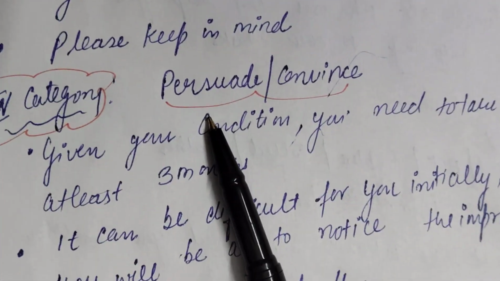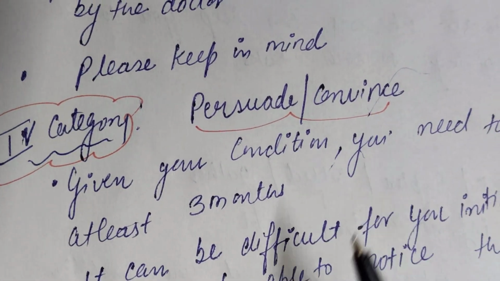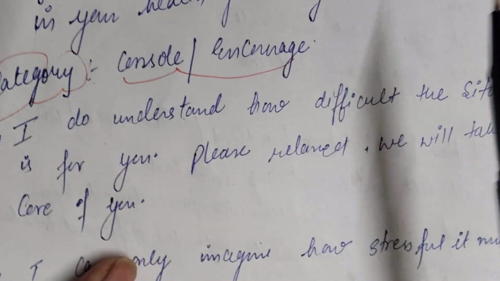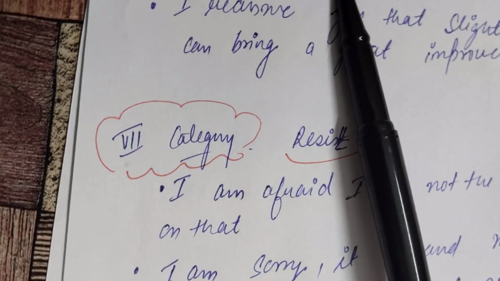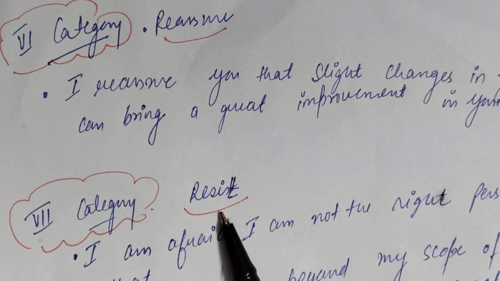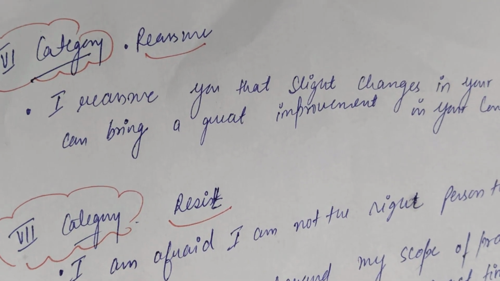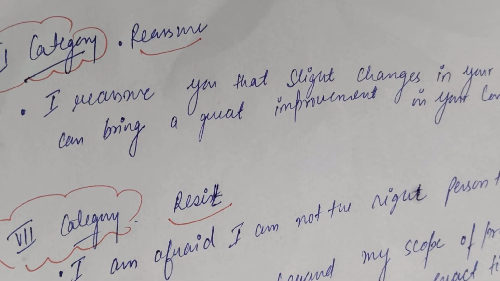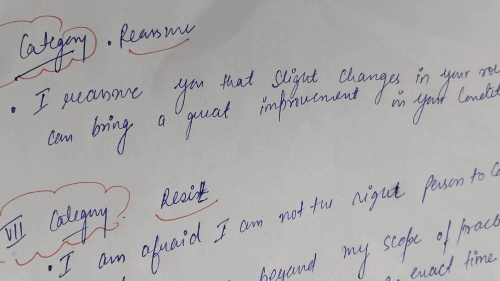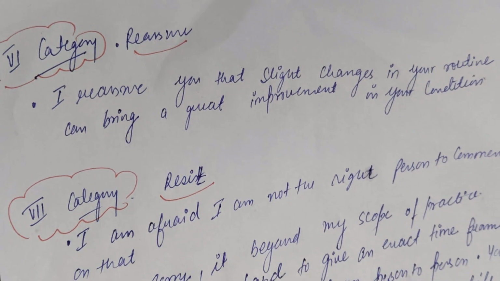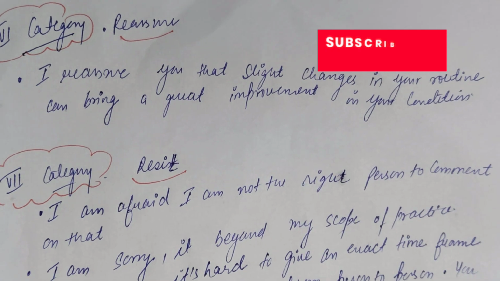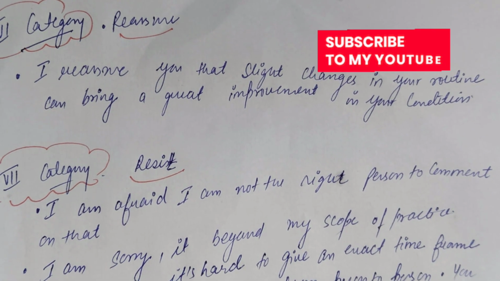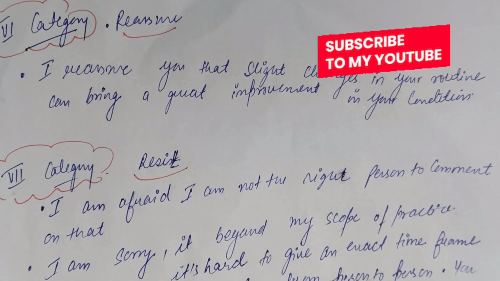Then persuade, convince, console, encourage, and reassure, and resist. So these are all the verbs, I think 20 to 21. Please use these verbs in your speaking to achieve a high score in your OET speaking.